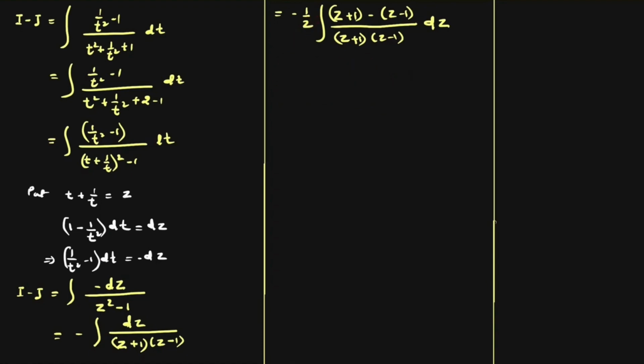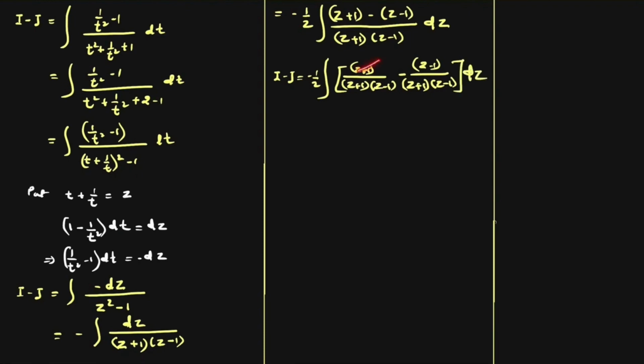Therefore I minus J, which is equal to minus 1 by 2 integration of z plus 1 divided by (z plus 1)(z minus 1) minus z minus 1 divided by (z plus 1)(z minus 1) dz.